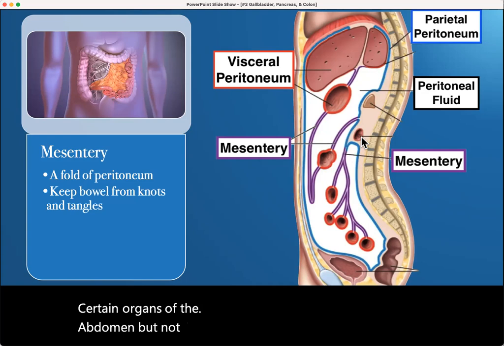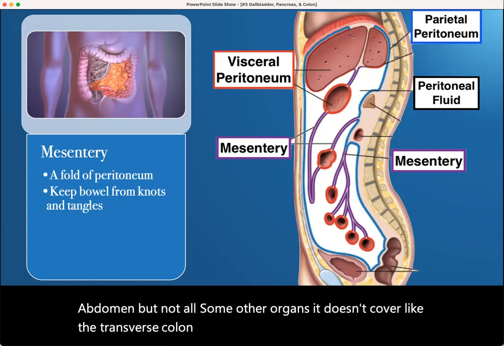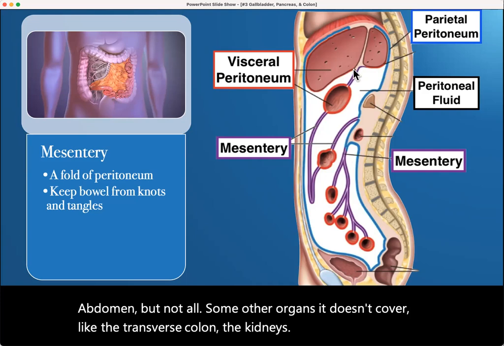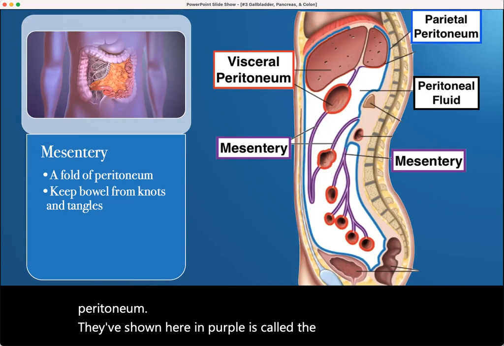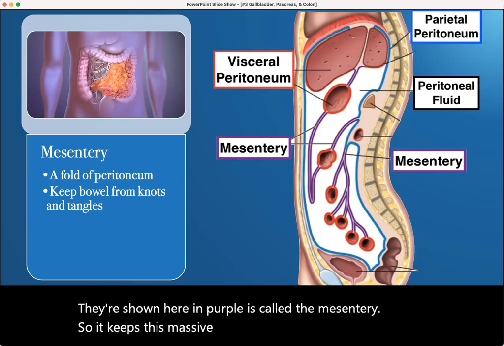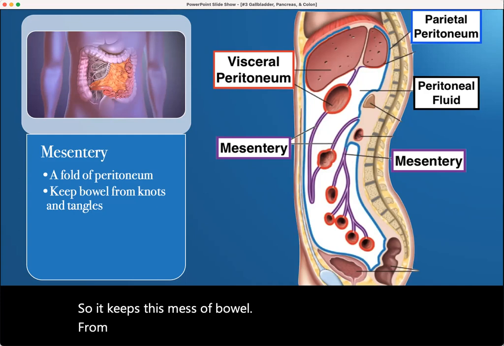Some other organs it doesn't cover, like the transverse colon, the kidneys. And then there are folds of peritoneum, shown here in purple, called the mesentery. So it keeps this mess of bowel from going into all these tangles.